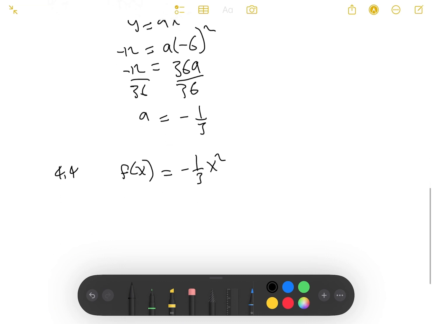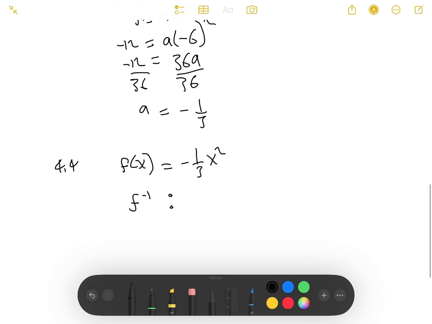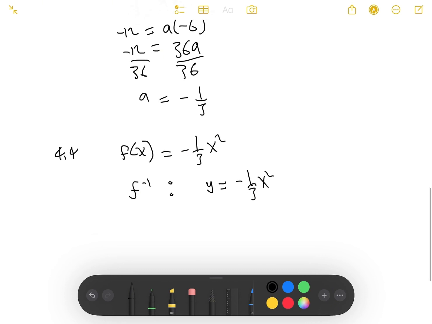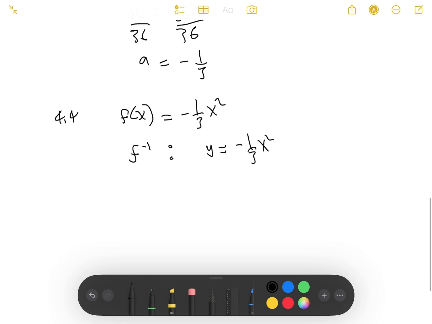For the inverse graph, we start with y equals negative 1 over 3 x squared, and then we swap x and y, as I said in the previous video where I was explaining inverse functions.